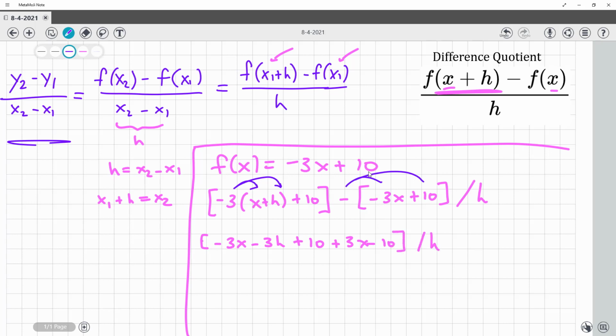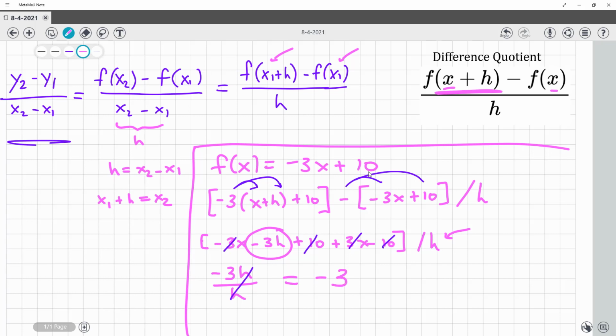What is cool that will always happen if your algebra is correct, anything that does not have an h will cancel. If it does not, then you just made a tiny mistake with your algebra. And so I'm left with this negative 3h, that piece right there, divided by this h. As you hopefully can see, the h's cancel, and I get an answer of negative 3.